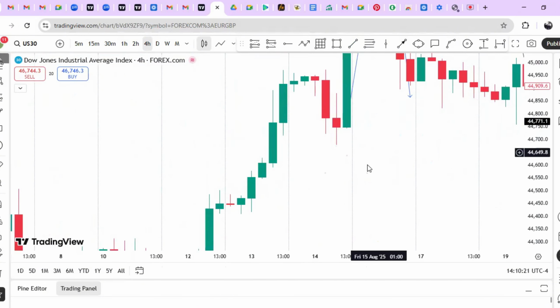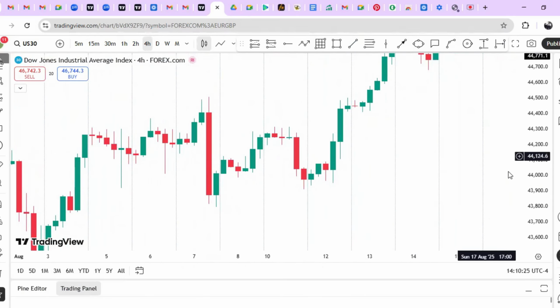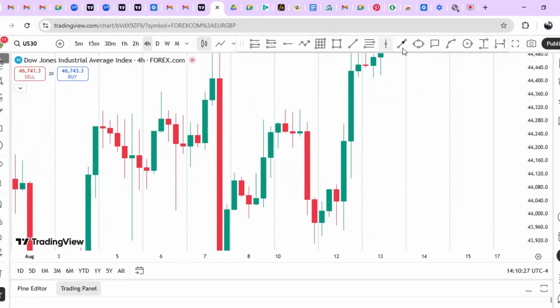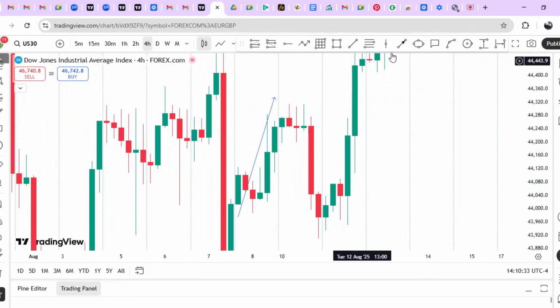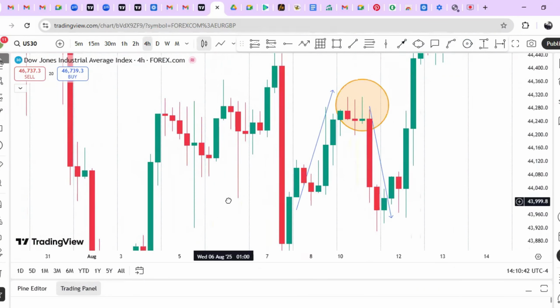Here again, more sells. Here again, we have this bullish push. Doji formed. What happened next? Nice push to the downside. Take note, walk with me.